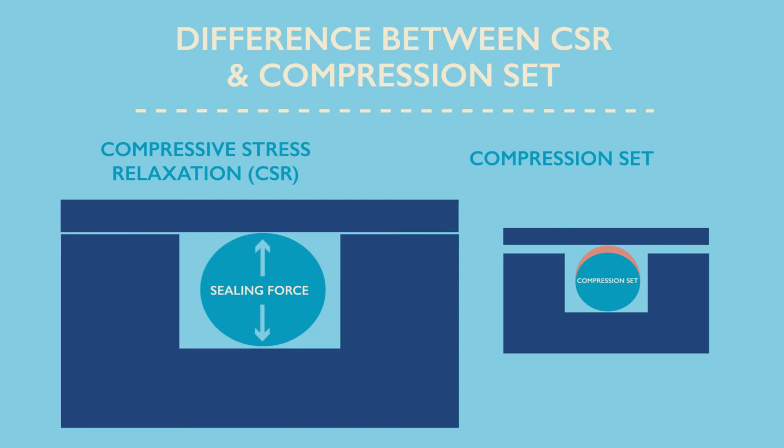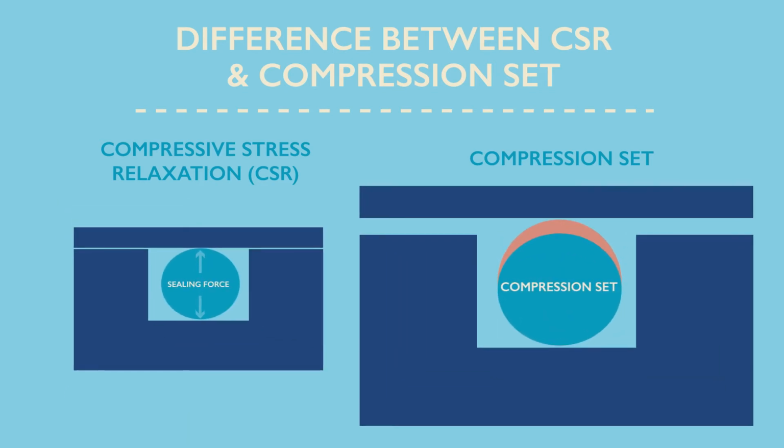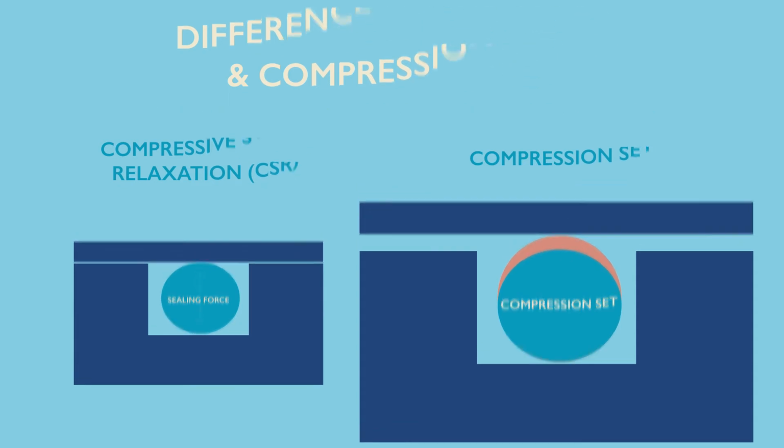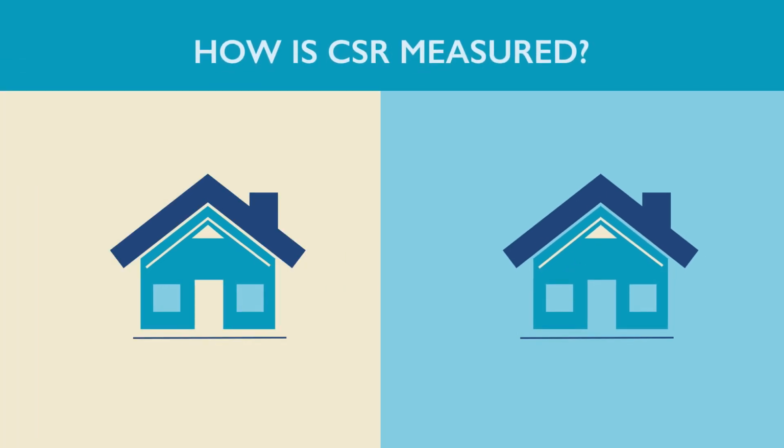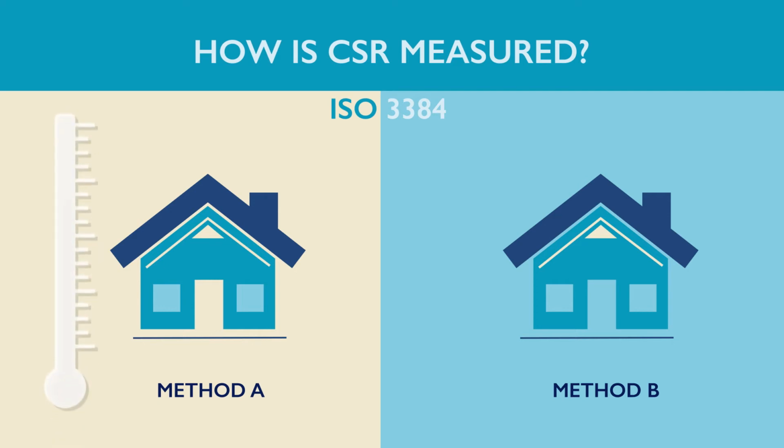CSR is the decline in the sealing force the elastomer exerts, pushing back on the surfaces around it. Compression set is the amount of deformation that has occurred, quantified as a percentage loss in shape compared to the original dimensions. CSR is measured in a laboratory using the standard ISO 3384, which includes two methods, A and B. Both can be used in air or liquids.